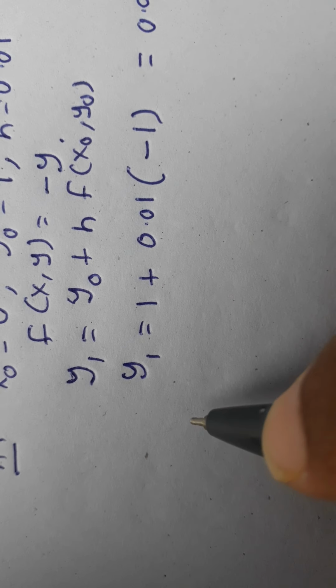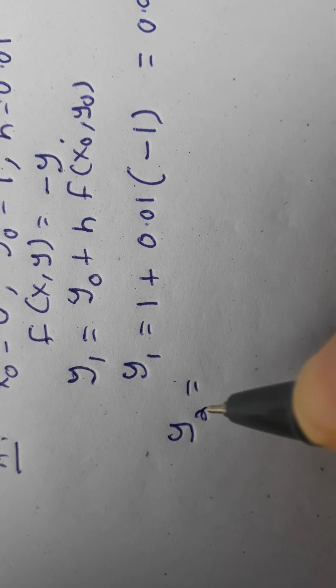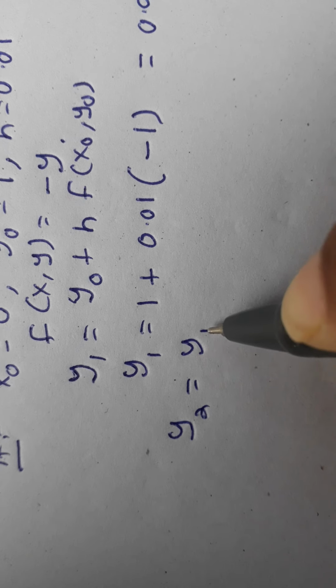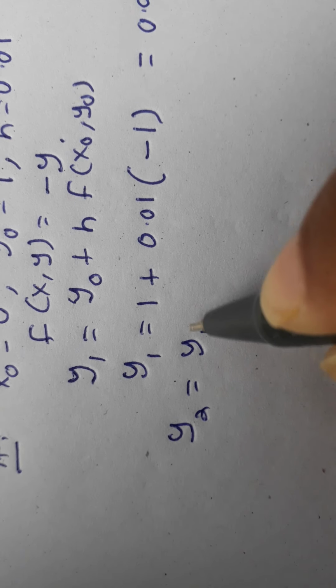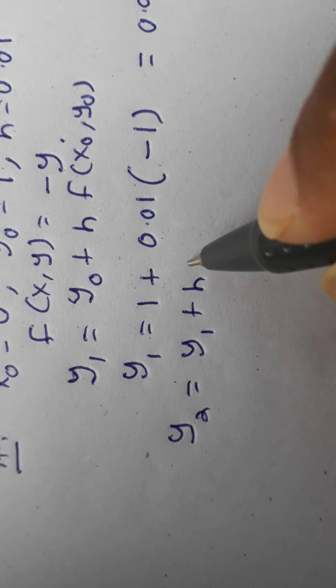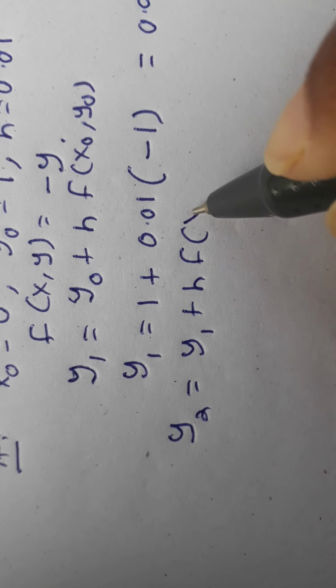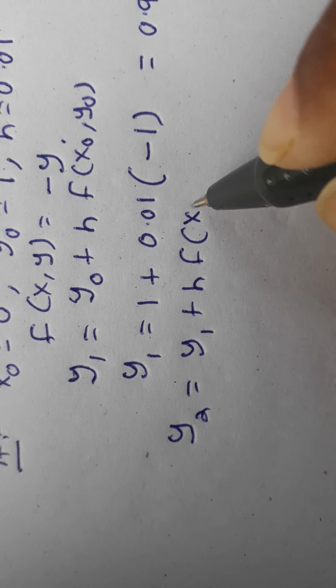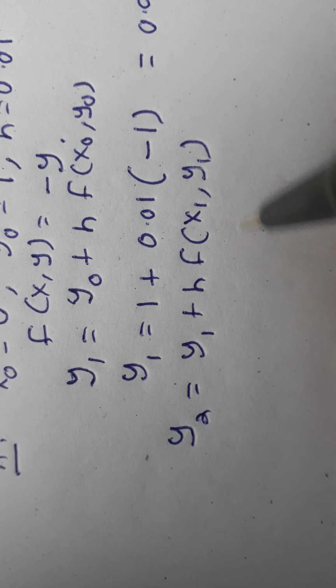Now let us find y2. As already given in the formula, y2 equals y1 plus h into f of x1, y1.